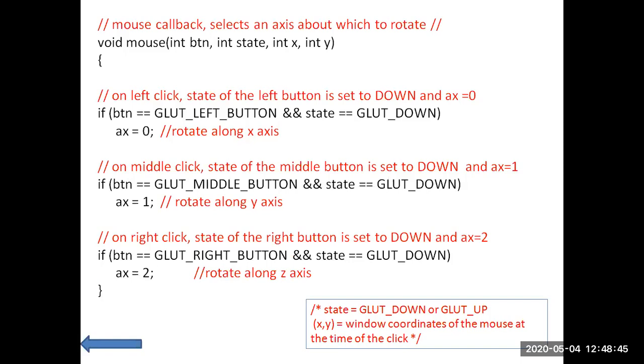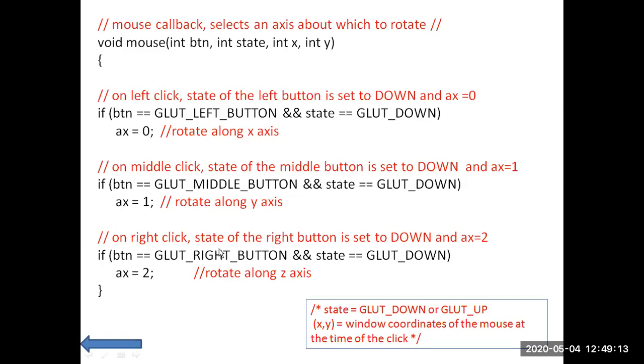So if button is equal to GLUT_LEFT_BUTTON and state is equal to GLUT_DOWN, that means on the left click, the state of the left button is set to down, and then axis is equal to 0, that is rotate along the x-axis. If button is equal to GLUT_MIDDLE_BUTTON and state is equal to GLUT_DOWN, then axis is equal to 1, that is rotate along the y-axis.